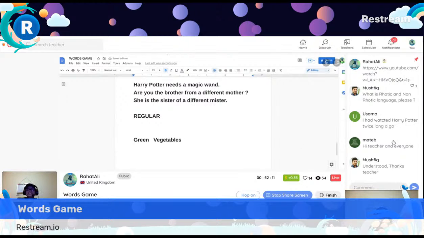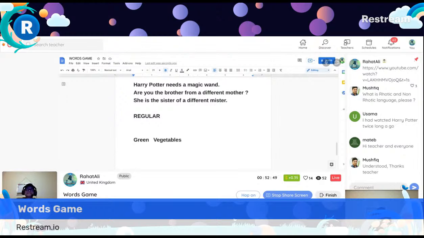So, guys, how do you connect these two words in a sentence or two sentences possibly? Green vegetables are necessary for the development and growth of our body.